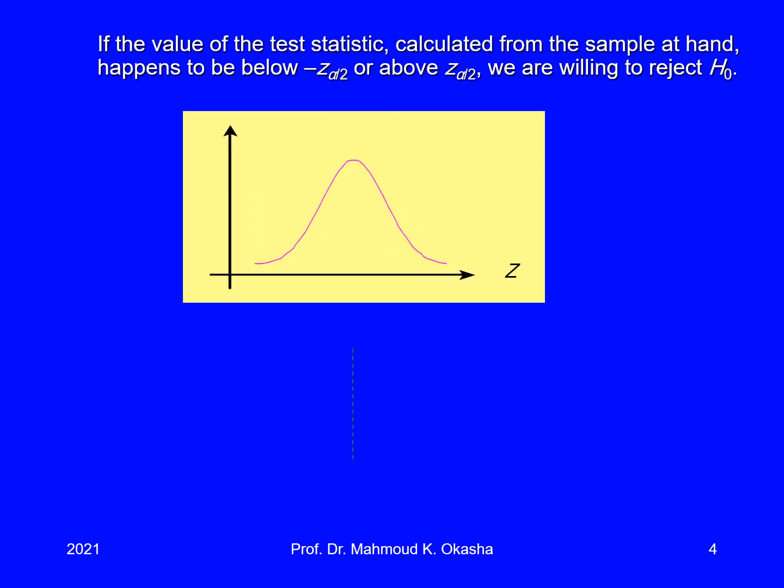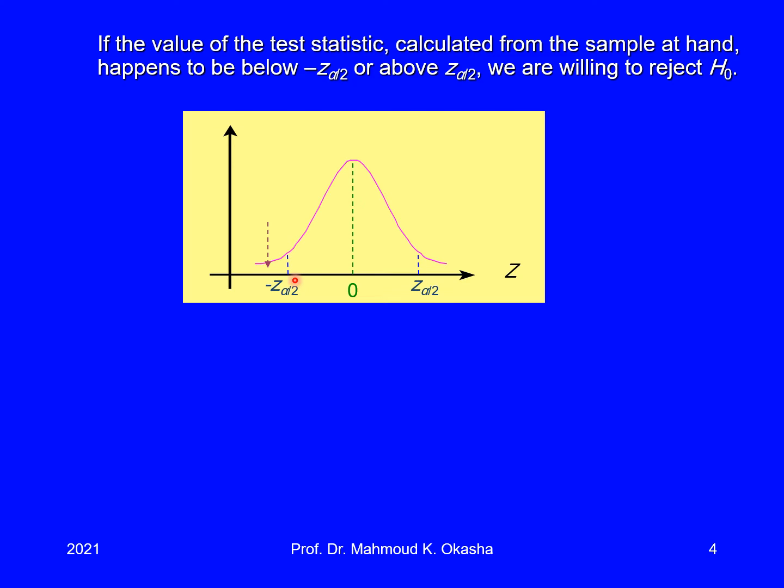If the value of the test statistic calculated from the sample at hand happens to be below minus z half alpha or above z half alpha, we are willing to reject the null hypothesis, like that here.